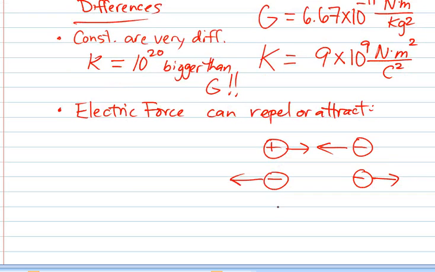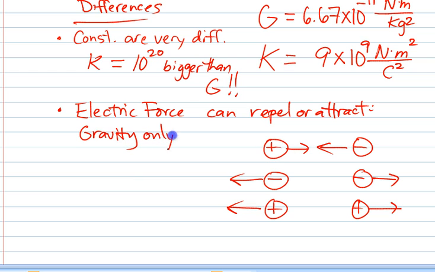Same thing if I have a positive and a positive, I'll get repulsion. Now, how is this different from gravity? Well, gravity is only attractive. Gravity is only an attractive force. So this is a very big difference.